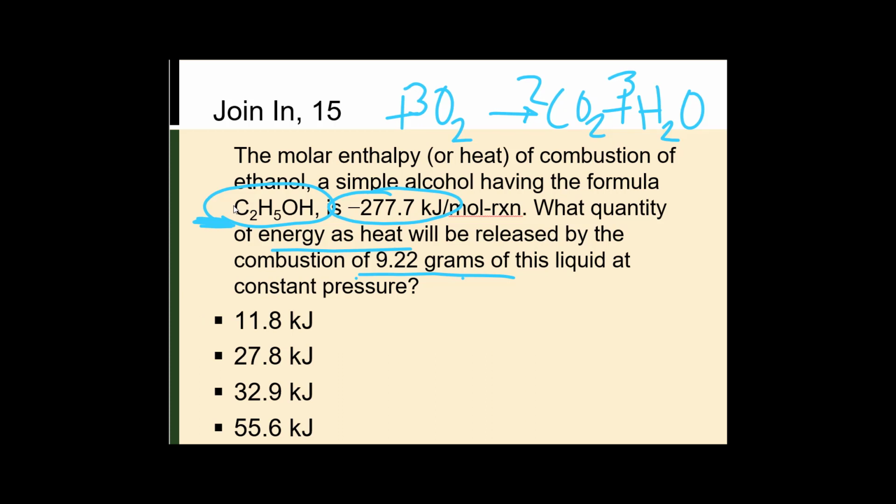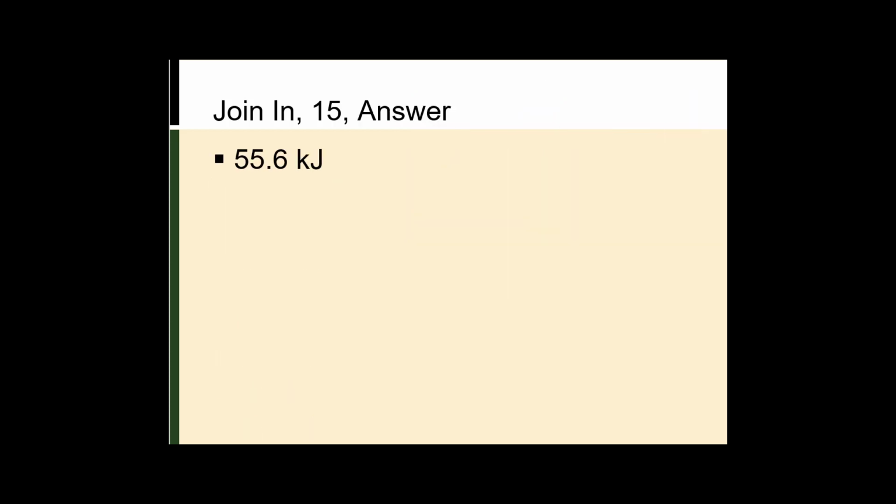So hopefully you found that this was actually a 1 to 3 to 2 to 3 ratio. So we need to go grams to moles. We had to find the molar mass. And then 1 mole of ethanol for this much energy. And hopefully you got 55.6 kilojoules.